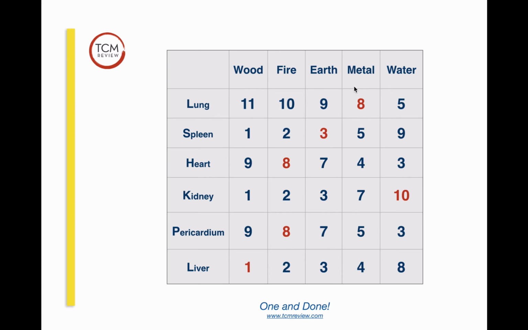So metal on metal is 8. When we drop down to spleen, spleen is an earth channel. We find the earth point on the earth channel. Wood is 1, fire is 2, earth is 3. So this is earth on earth. Pericardium is considered a fire element channel, and fire on fire for pericardium is 8.